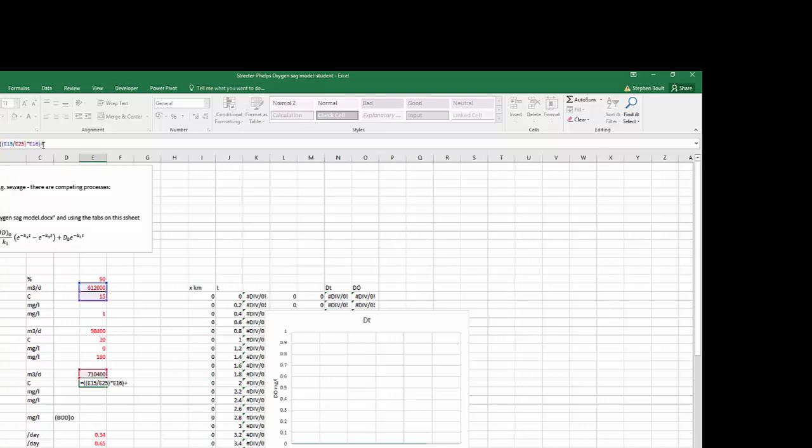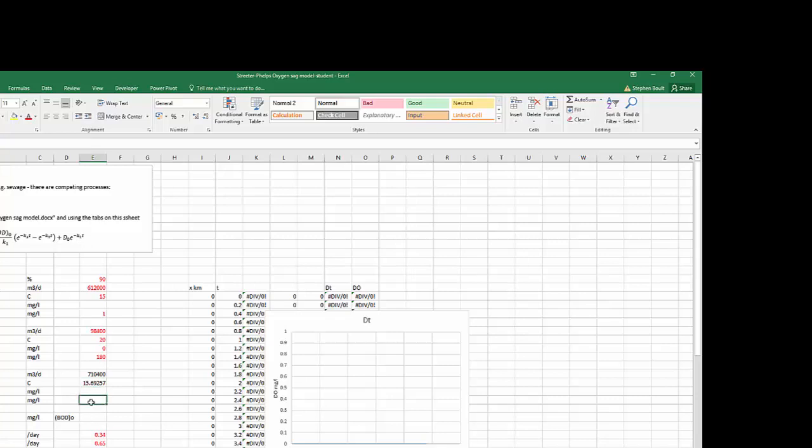We're going to add it to our weighted effluent temperature, and the weighted effluent temperature is going to be the effluent discharge divided by the downstream discharge, and we multiply that by the effluent temperature, and okay, so the downstream temperature then is going to be 15.7 degrees.